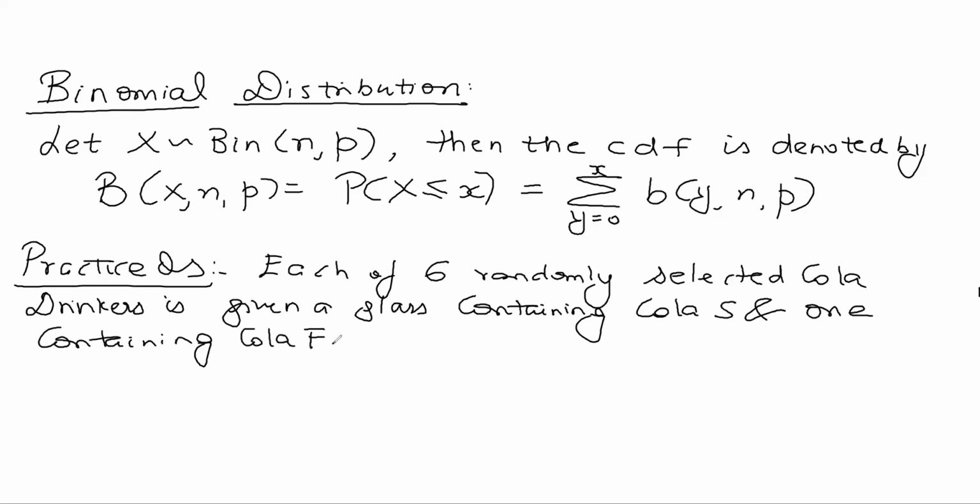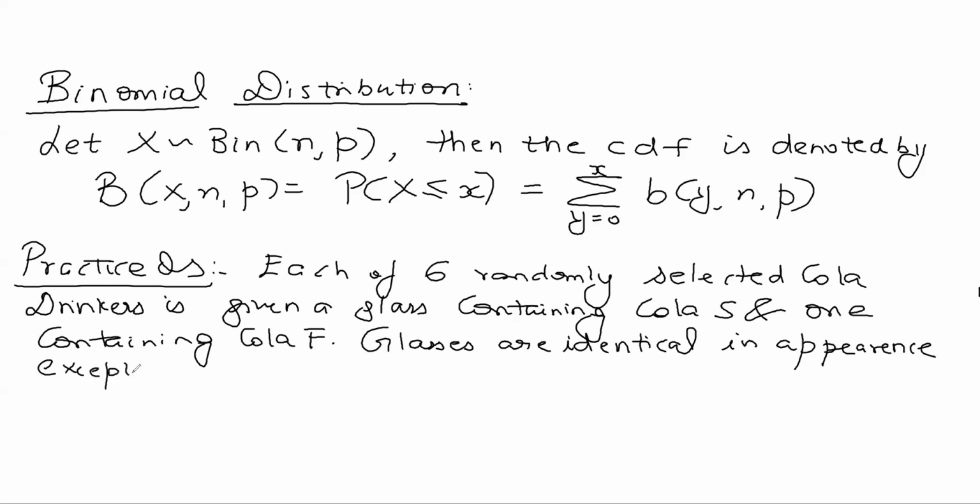Each of the six randomly selected cola drinkers is given a glass containing cola S and one containing cola F. The glasses are identical in appearance, except for a code on the bottom to identify the cola.